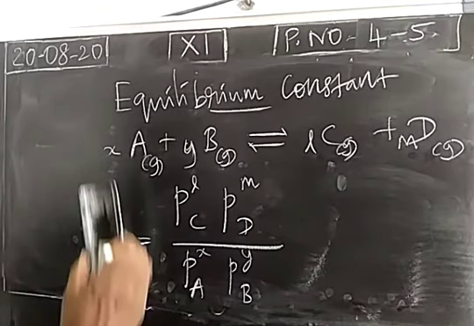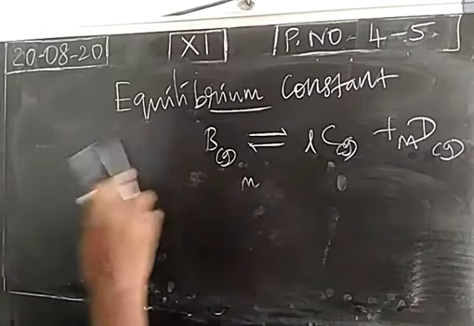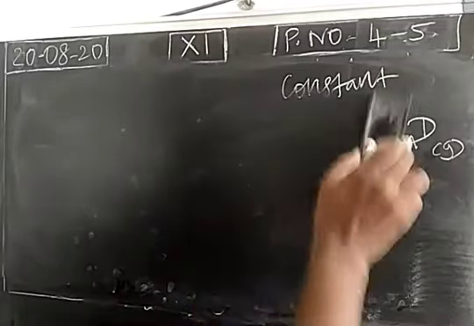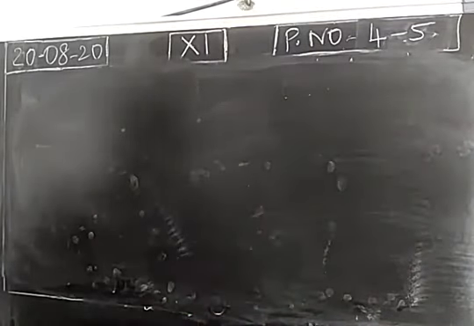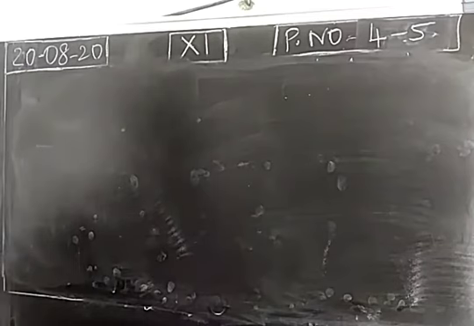Okay. So what are the concepts we have completed today? First, in a reversible process, the concentration of reactant decreases, and at the same time the concentration of product increases. Then, if a reversible process reaches equilibrium, the rates of forward and reverse reactions will be equal.